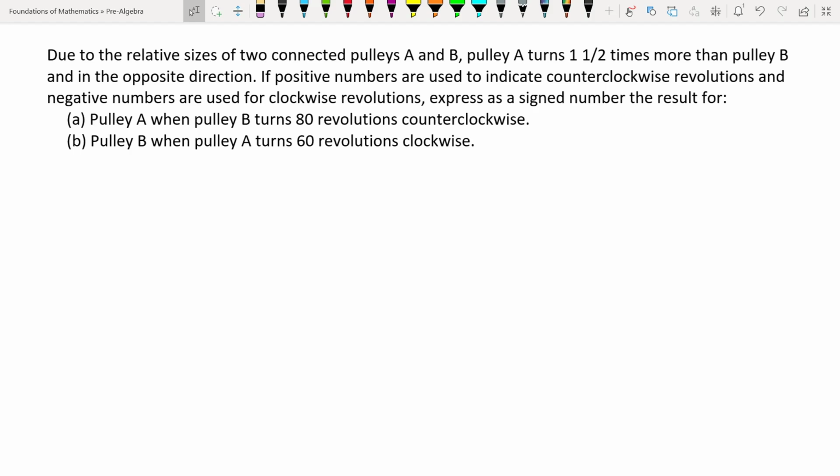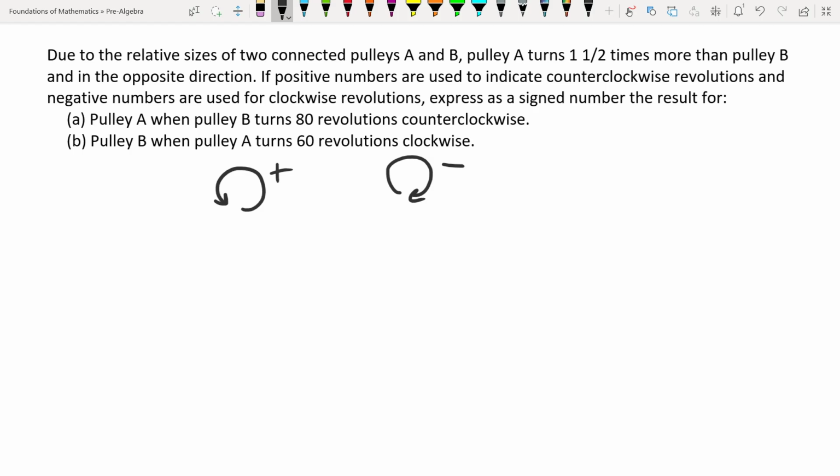So if positive numbers are to indicate counterclockwise revolutions, so going this way is positive, going this way is negative, we need to express the signed number for A and B. Now this convention where counterclockwise is positive and clockwise is negative, that's very common in mathematics. There's a lot of reasons for that. But that's the convention that they always use.